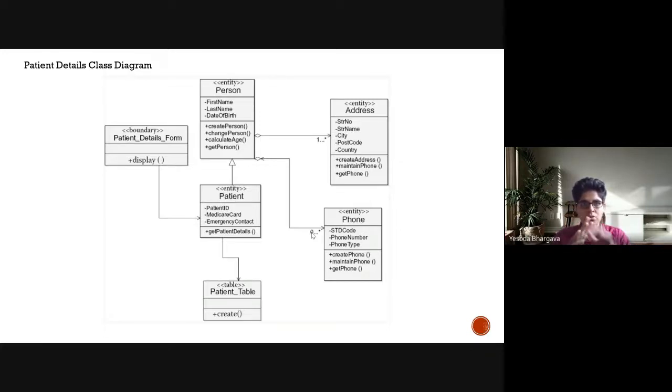I'm just trying to show you using this particular example how the creators of the hospital management system have disaggregated their giant system into different pieces and then tried to create the class diagram for these things. So just look at it from the example perspective.